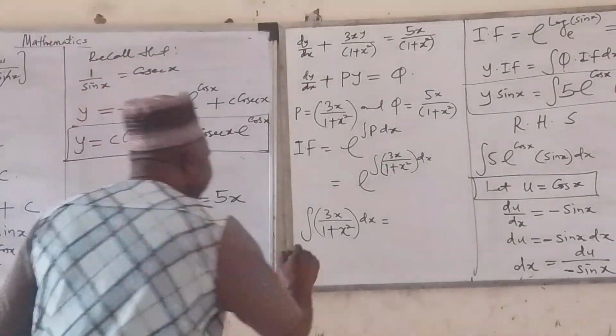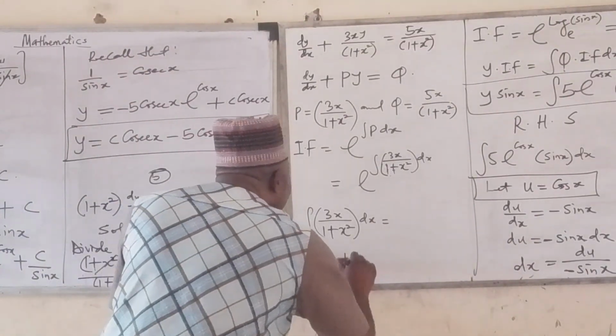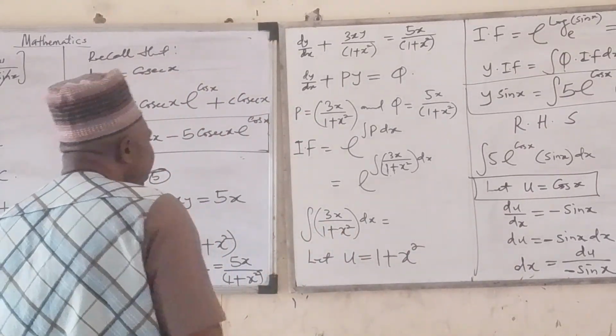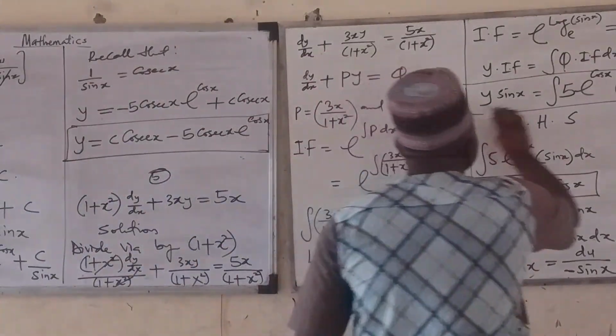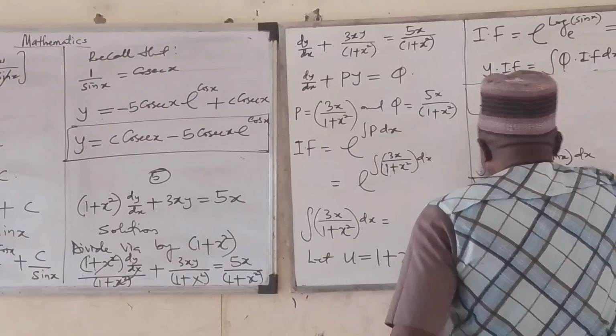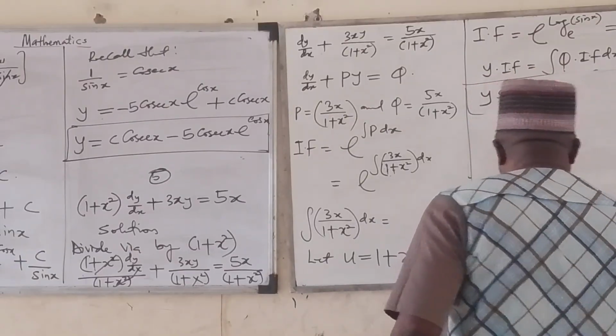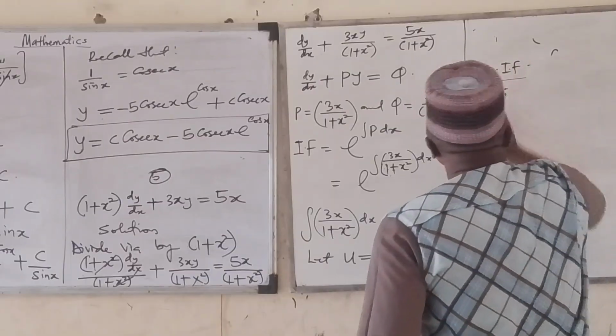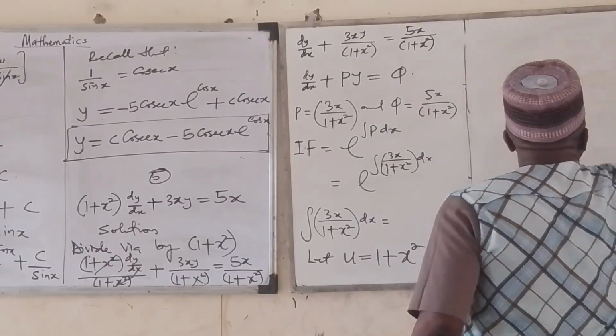So at this point, let u be equal to 1 plus x squared. Now, if u is equal to 1 plus x squared, the next step is to find du all over dx.